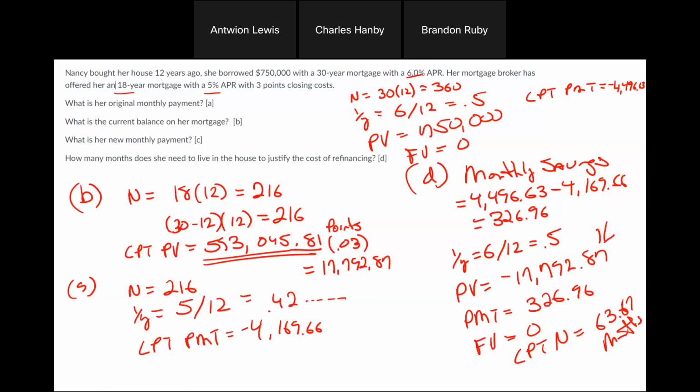The only reason that you would refinance if the rate is higher is if you need some sort of financial relief. If you can get a lower rate, then maybe that's worthwhile.